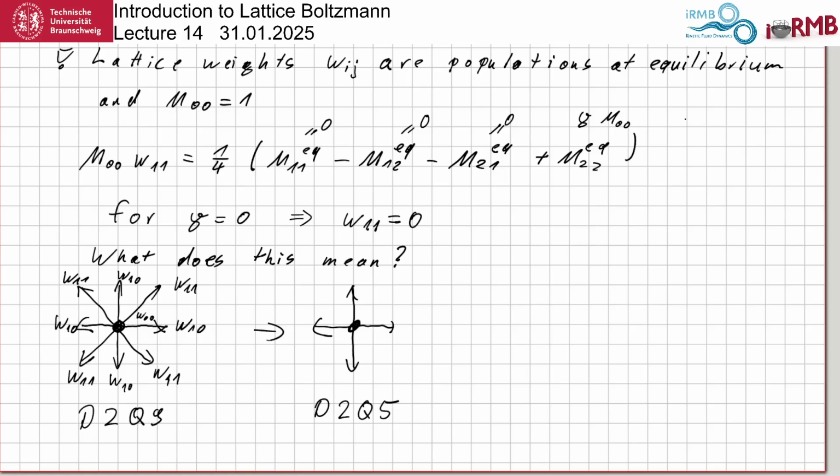So we have fewer populations, but as we saw from our equation, this M22 did not appear. So we could also decide it is 0, and then we have fewer populations, and we do not need to solve. We basically just proved that we don't need this discretization. We can get along with this smaller discretization and still be consistent.